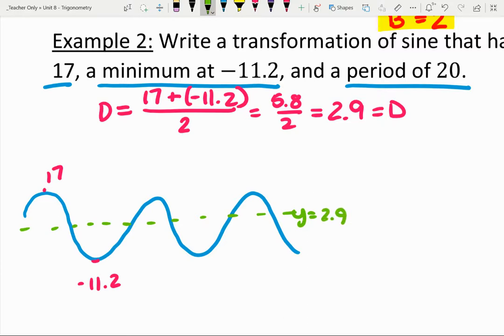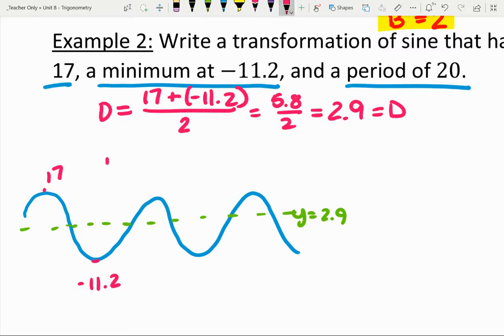We also need an amplitude. We could do that a couple of different ways. We could think about, if this green line is 2.9, what's the distance above and below that? So we could use some simple subtraction that way. We could also find the distance between negative 11.2 and 17 and divide that in half.